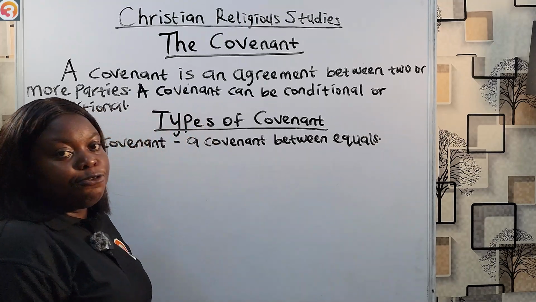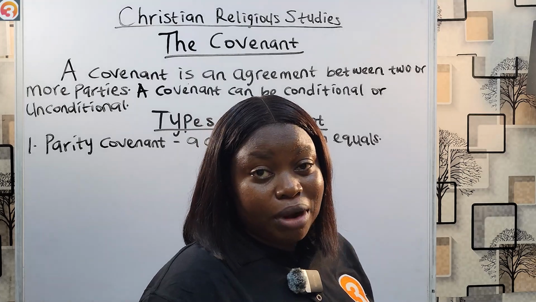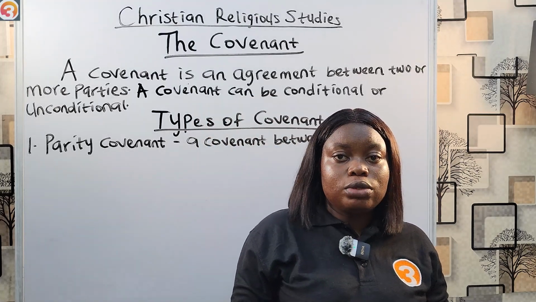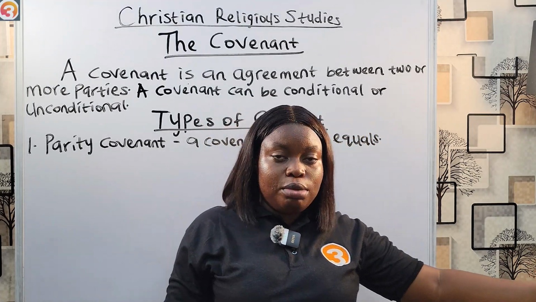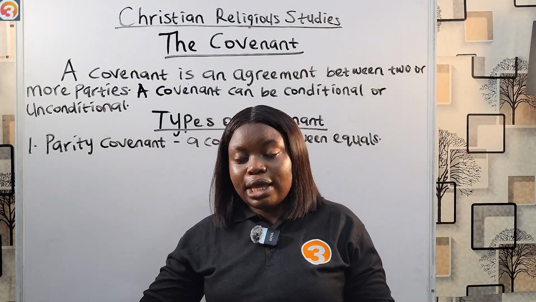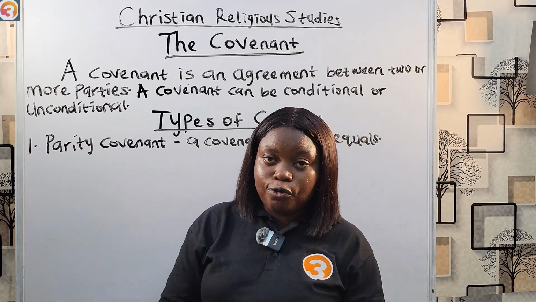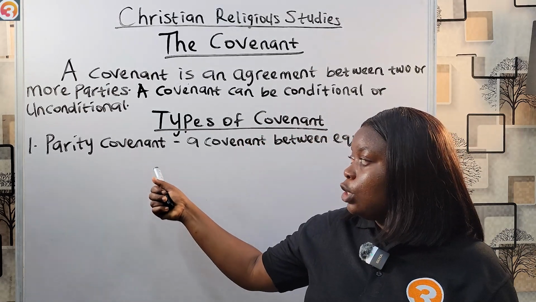That means the parties involved in the covenant are on equal footing, equal rank, or equal status. So it could be between individuals or groups or countries, like nations. As long as the parties involved are on equal footing, we refer to it as a parity covenant.